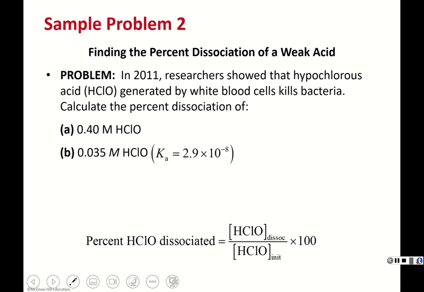Okay, so now we can set this up the same way we did before. Basic steps are going to be the same. Just to remind ourselves, what is our reaction? We have hypochlorous acid, HClO, plus water, and it's in equilibrium with its conjugate base plus H3O+.